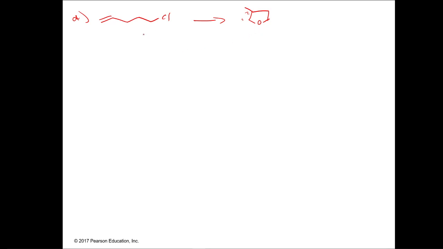So instead, we do oxymercuration, demercuration. So we use sodium borohydride, or whatever it is, to get to the Markovnikov addition of a hydroxy, and then base-catalyzed, right?